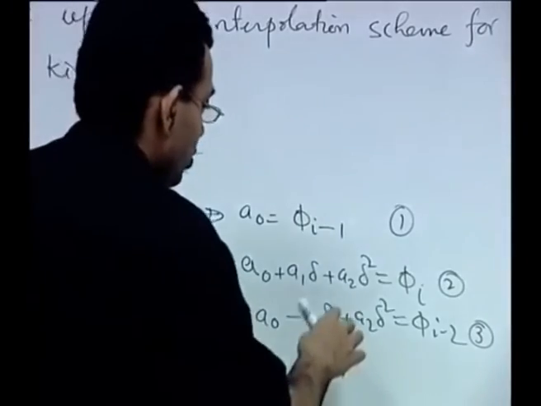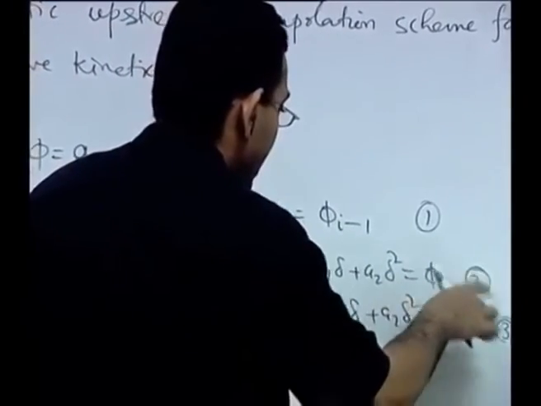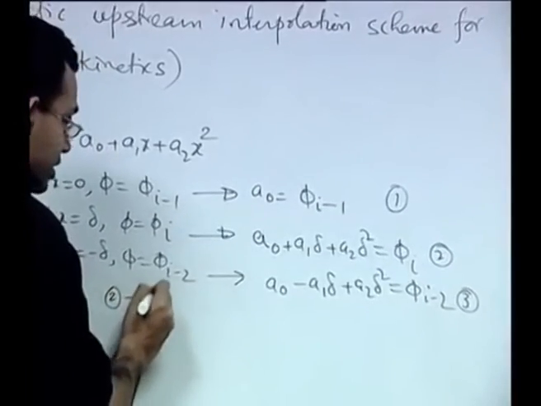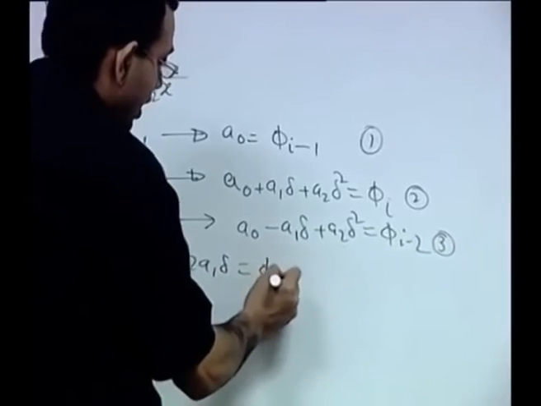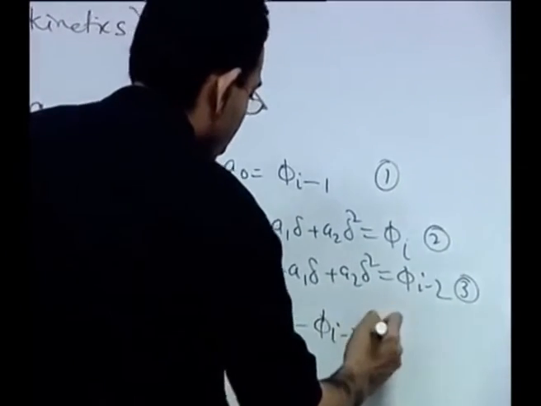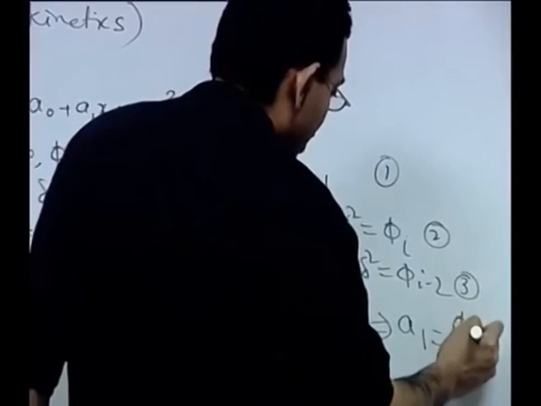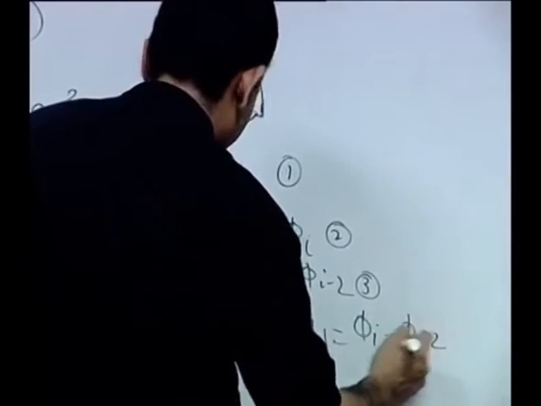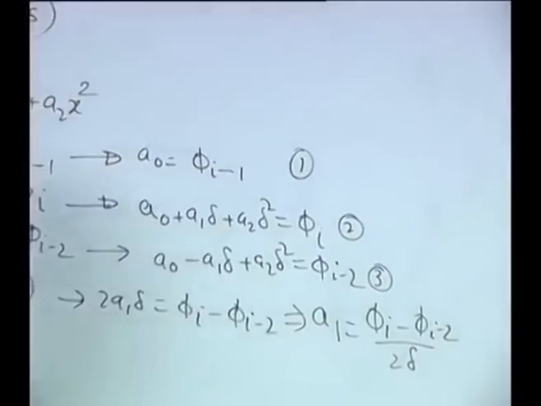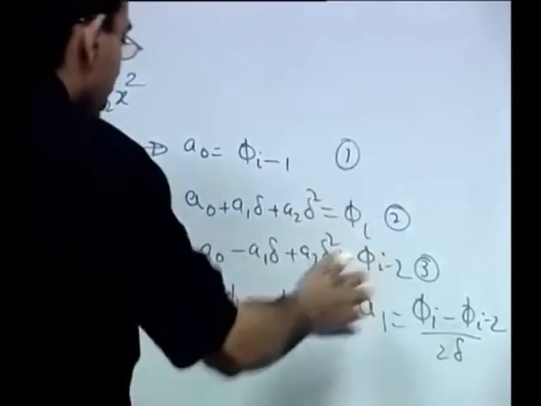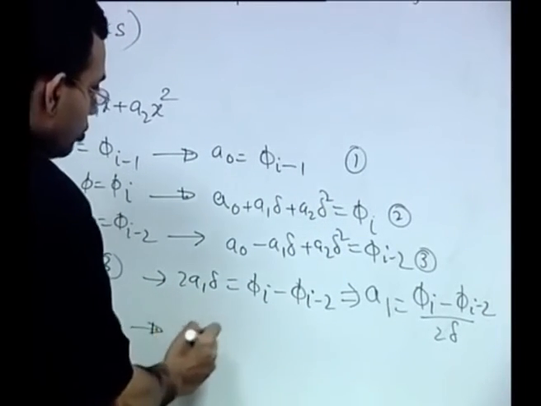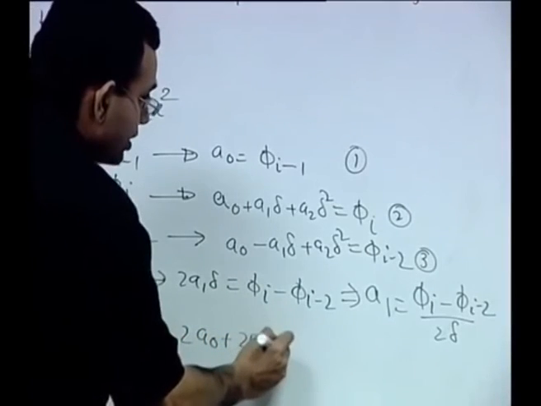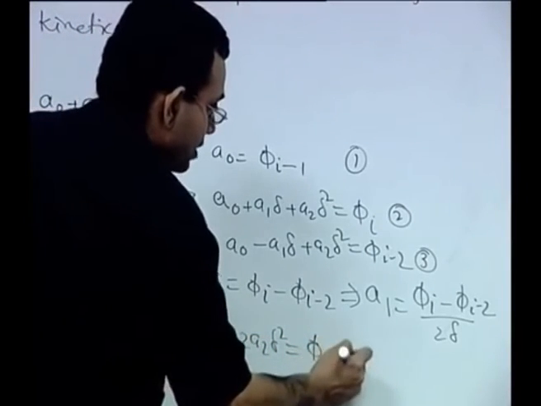Now, you can subtract, so 2 minus 3, then you will have 2a1 delta is equal to phi I minus phi I minus 2. So, a1 is phi I minus phi I minus 2 by 2 delta, and you can add 2 and 3, 2a0 plus 2a2 delta square is equal to phi I plus phi I minus 2.